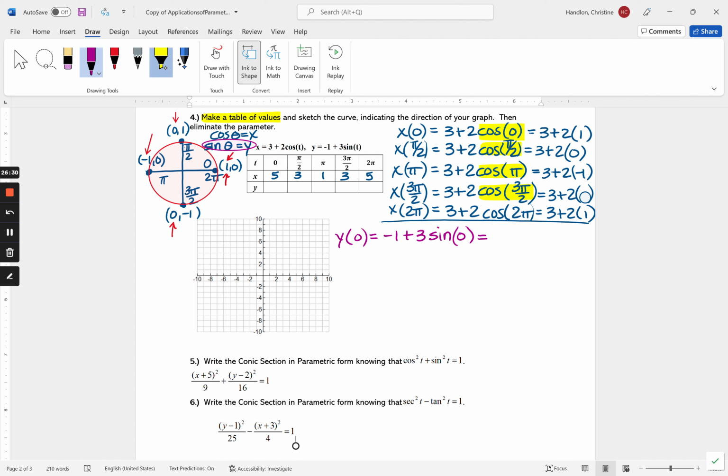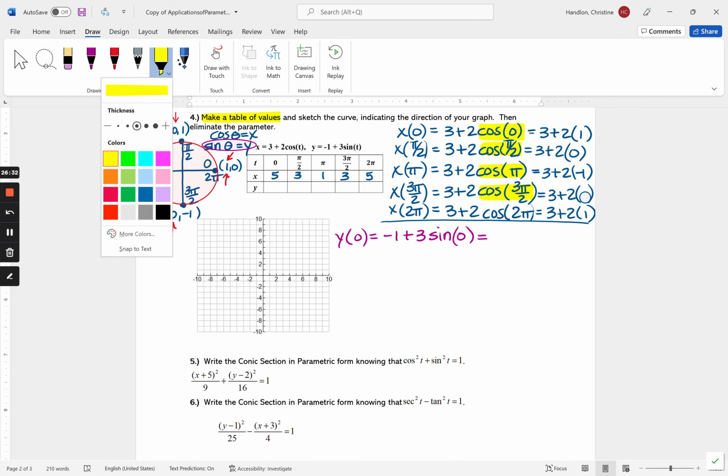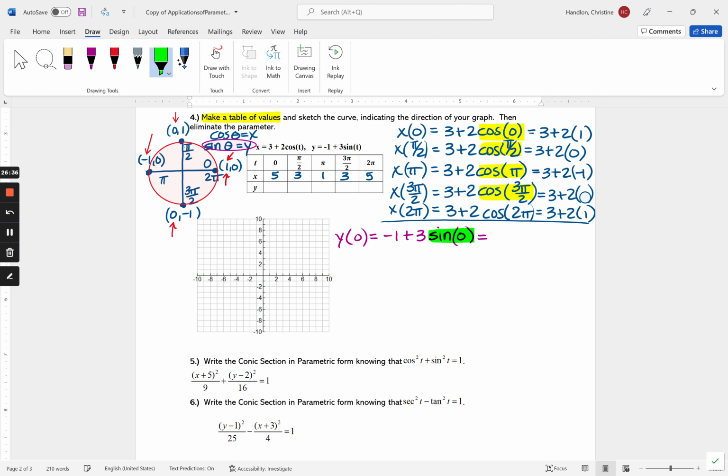Let me change the highlighting color here. Let's change it to green. We're looking at sine 0. Sine 0 is the y value at 0 degrees. In this case, it's 0. So -1 plus 3 times 0 is still going to give me a -1.